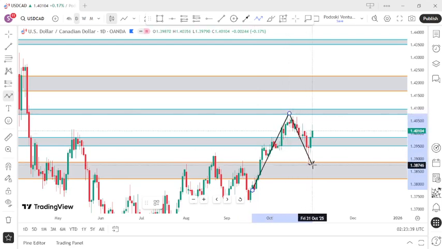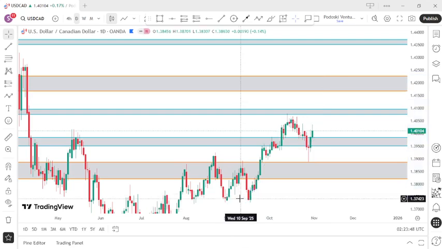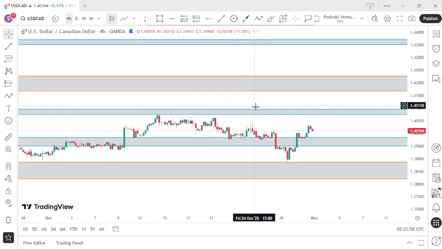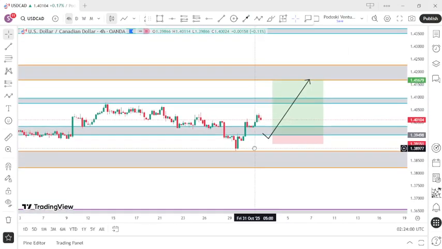After that, you could see the retest came in and price is now moving to the upside on USD CAD. So let's go to the 4 hour and prepare for an entry on USD CAD.